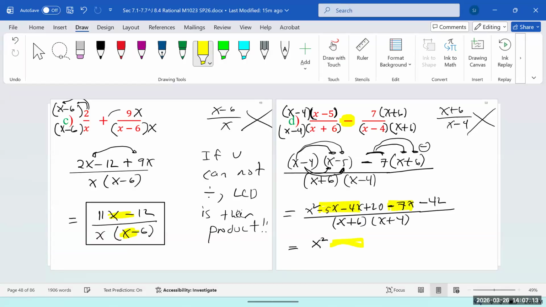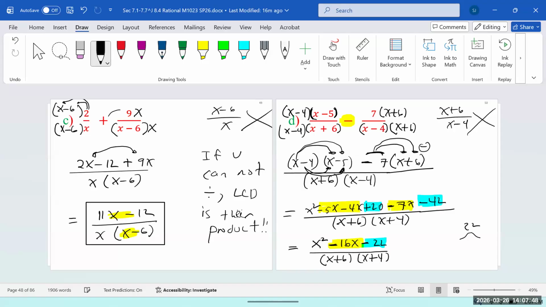If you combine all of them, what do you get? Minus 16x. And lastly, we have plus 20 minus 42. Negative 22. So we have x plus 6, x plus 4 in the denominator. And then you see if you can factor the numerator.